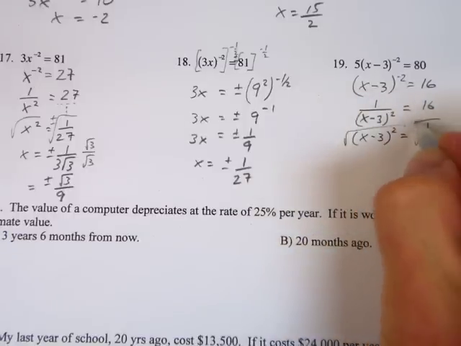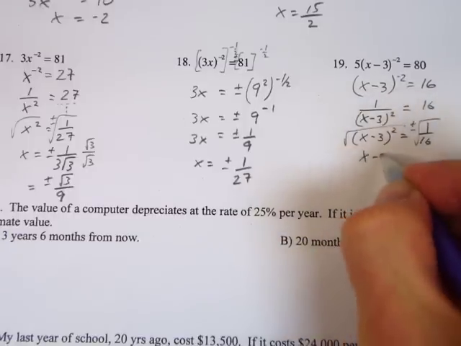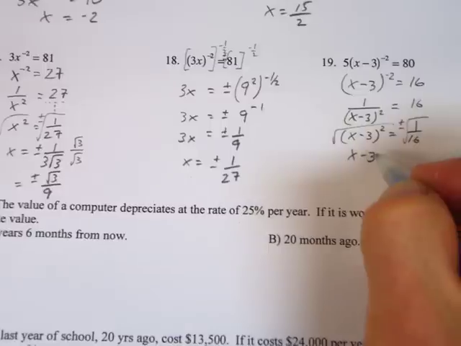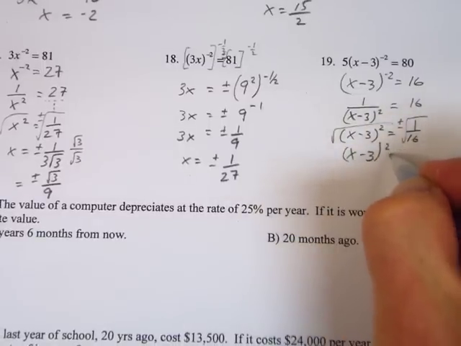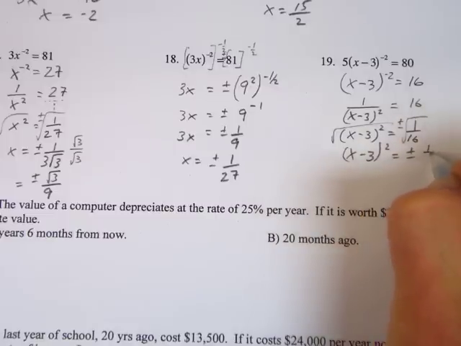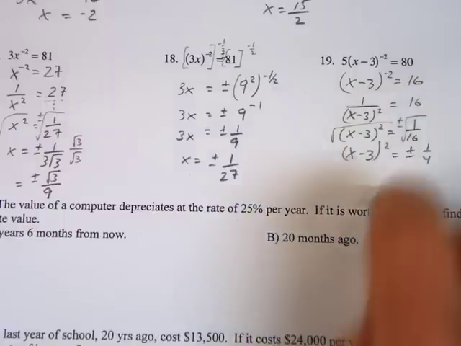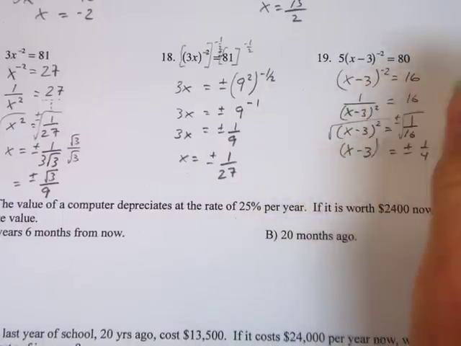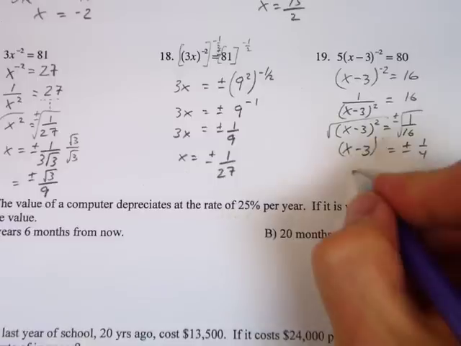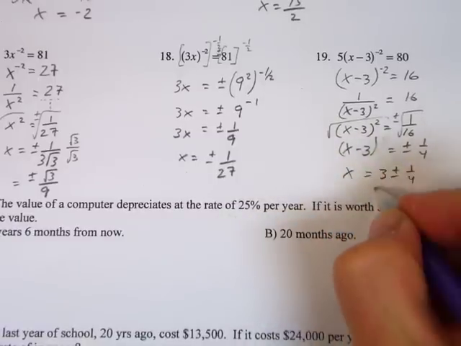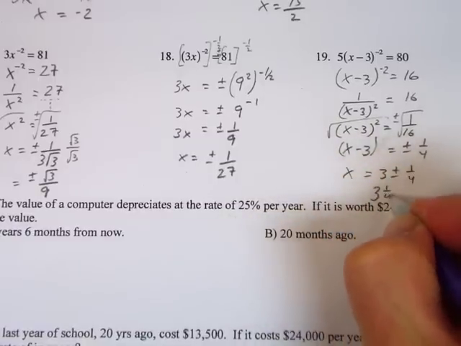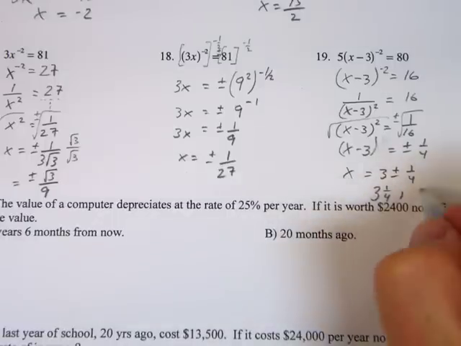We can take the square root, add our plus or minus. x minus 3 equals plus or minus 1/4. And so now x equals 3 plus or minus 1/4. So 3 plus 1/4 would be 3 1/4, and 3 minus 1/4 would be 2 3/4.